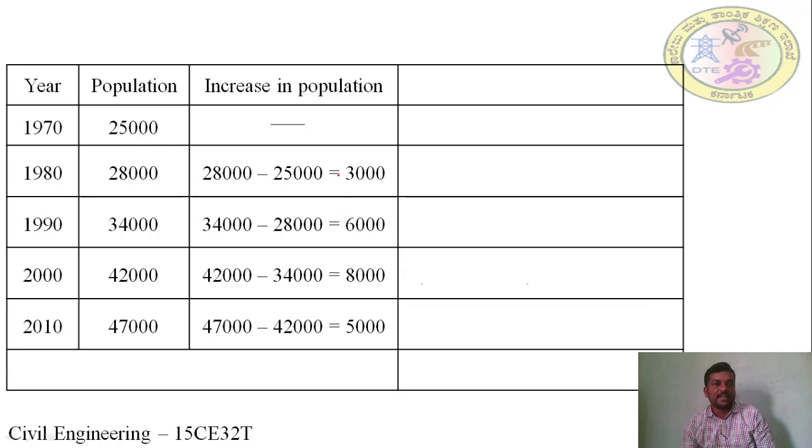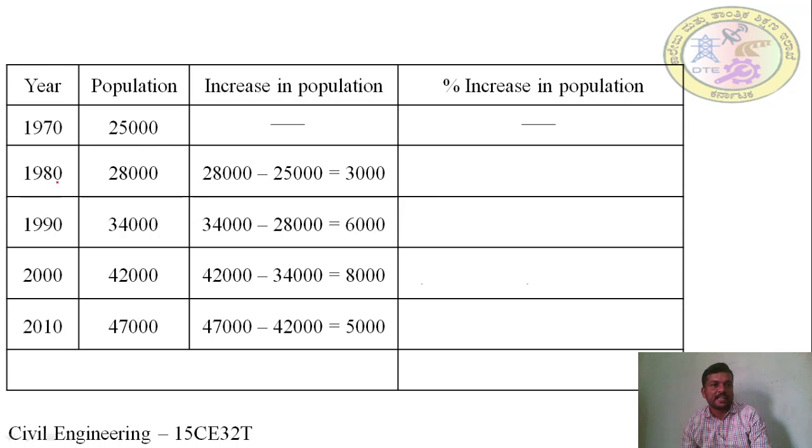So after finding out the increase in population, we need to find out the percentage increase in population. For the year 1970, there is no increase in population, so it remains nil.